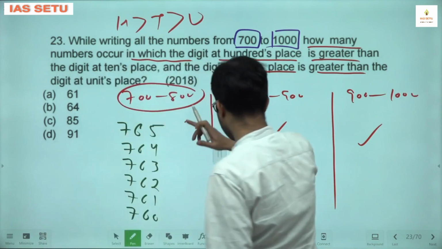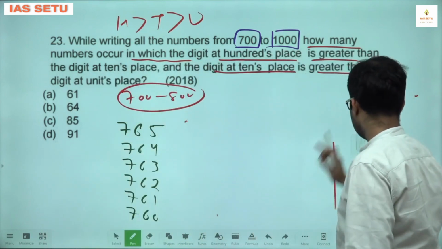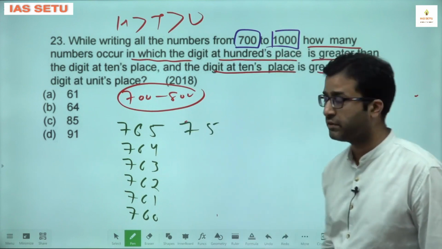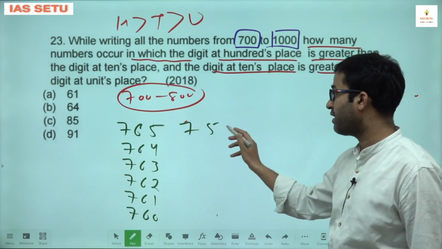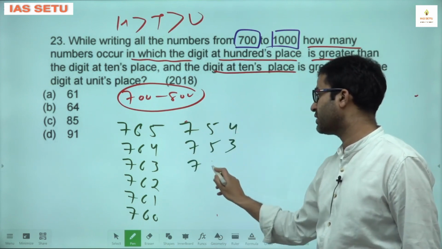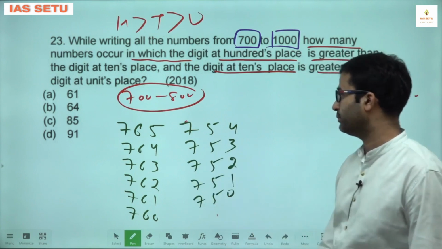Then it can be 75, 7 is greater than 5, then it will be 754, then 753, 752, 751, 750.